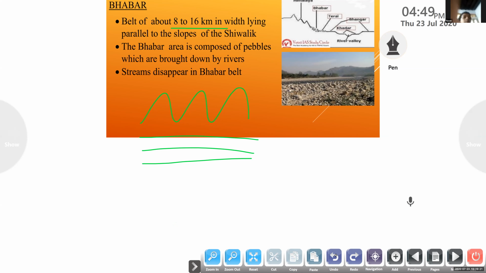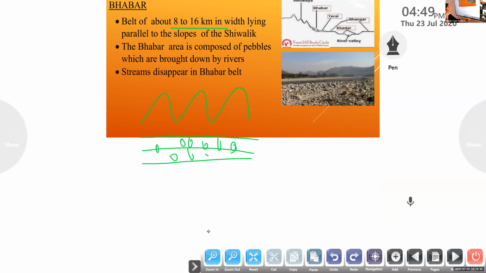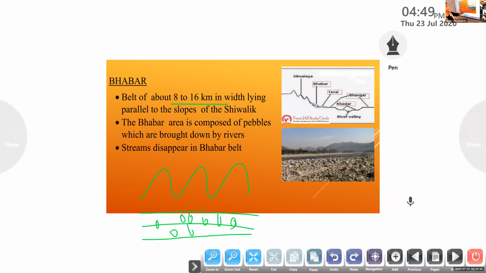Because the rivers originating from the mountain ranges deposit pebbles over here, we cannot see the river. That's why we have the sentence here: streams disappear in Babar belt. This area is composed of pebbles deposited by rivers.